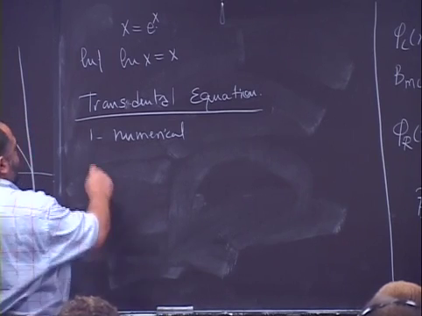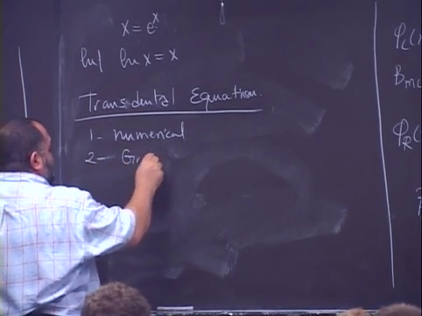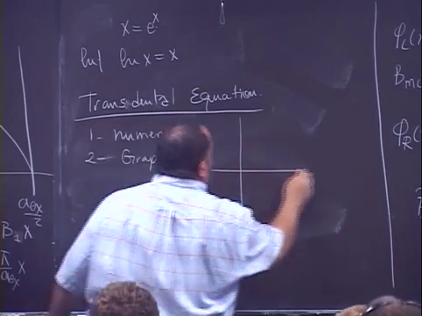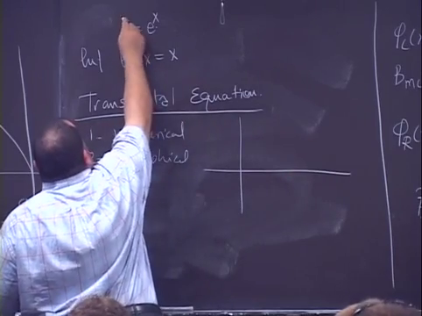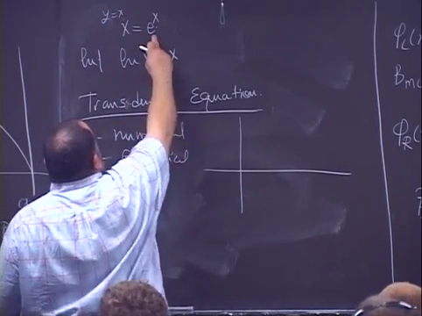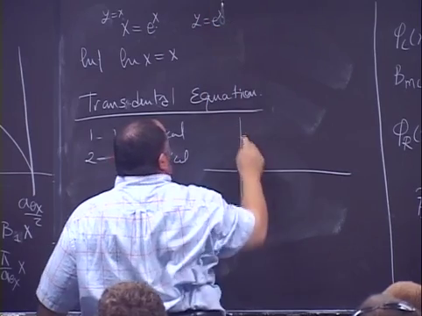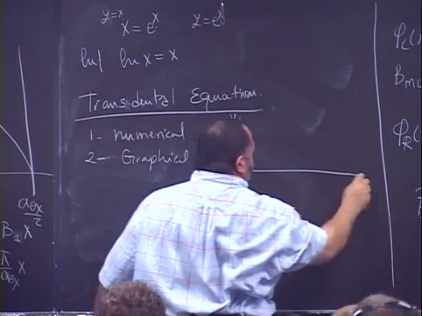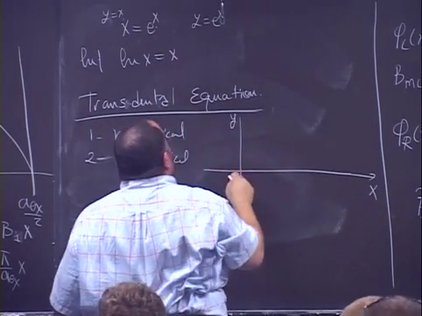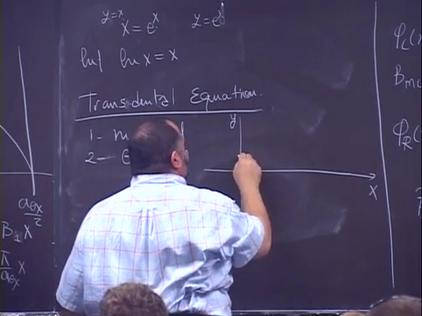The second technique is a graphical solution. How to do a graphical solution? We say this equation is y equal to x, and this one is y equal to e to the power of x. Then we plot y as a function of x. e to the power of 0 is 1, so you will have a curve like this.